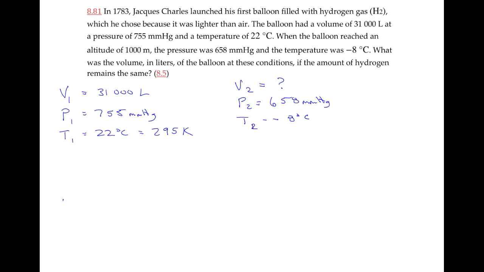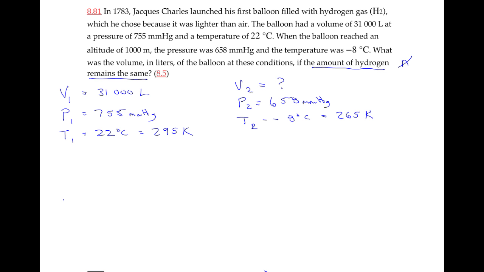That's pretty chilly. If I convert that to Kelvin, I get 265, again by just adding 273. So I have volume, pressure, and temperature, and it tells you that the amount of hydrogen remains the same. So that didn't change, which means we don't have to worry about n. We can leave out the number of moles.